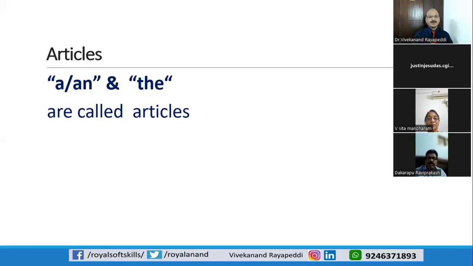Now you can get in your mind a number of examples. It's a chair, it's a book, it's a bus, it's a car, it's a train, whatever. So a or an, it means one. That is a primary thing we need to understand. So a or an are called indefinite article.